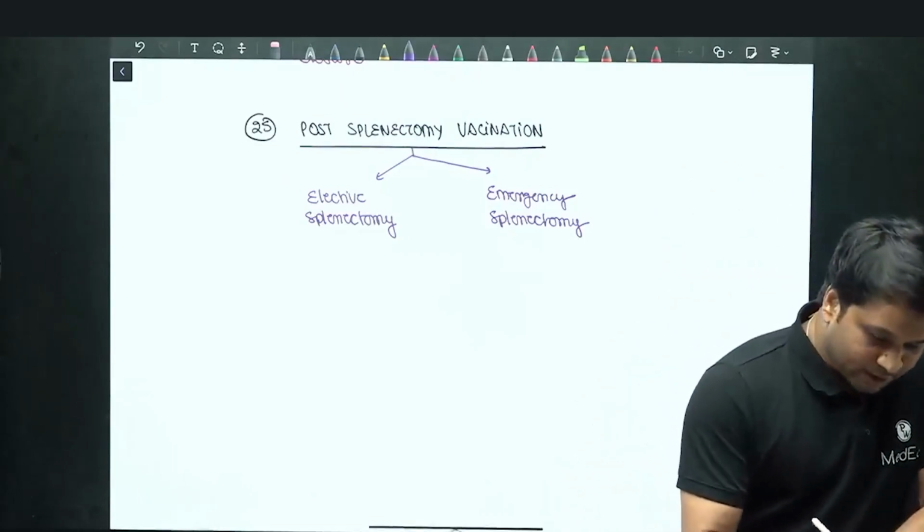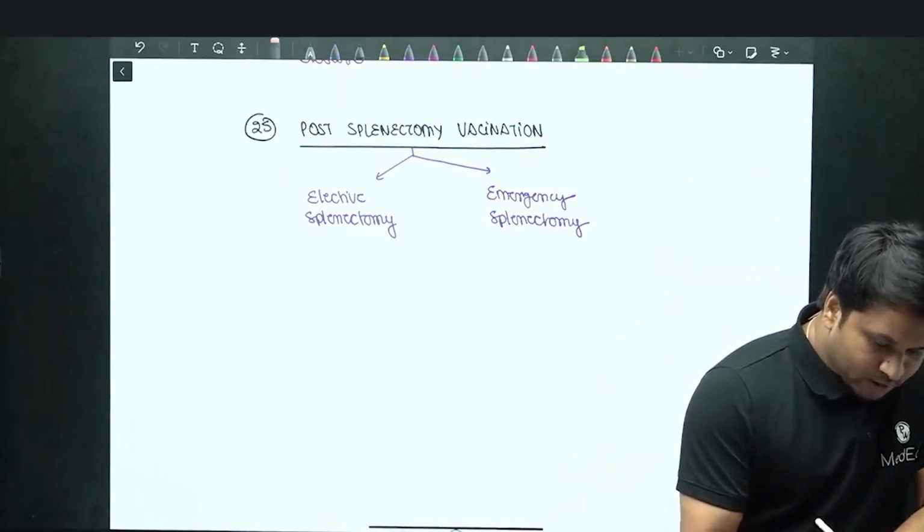In the elective splenectomy, vaccination should be done 2 weeks prior to surgery.